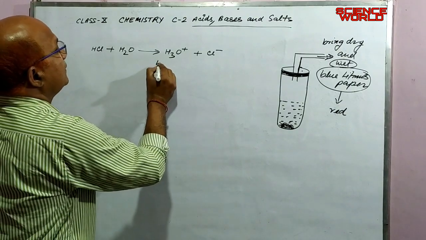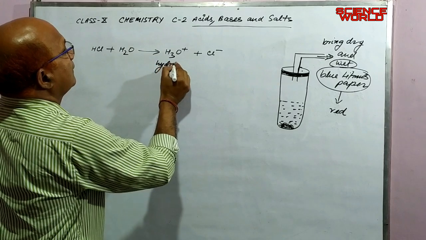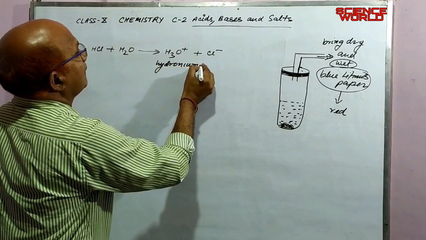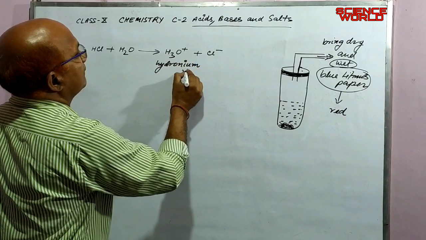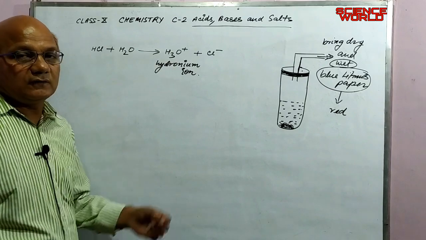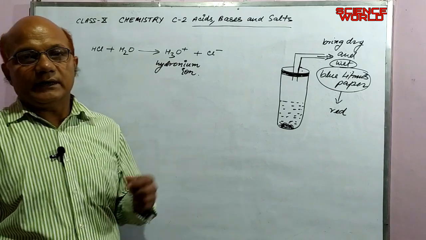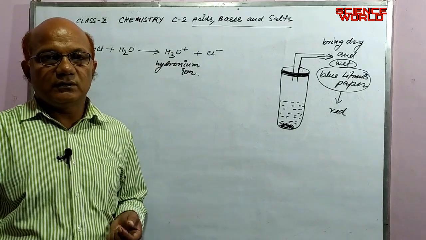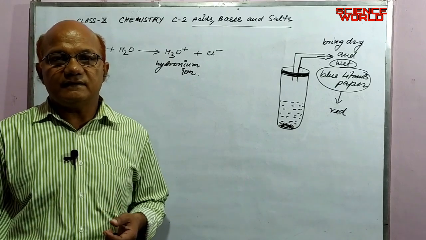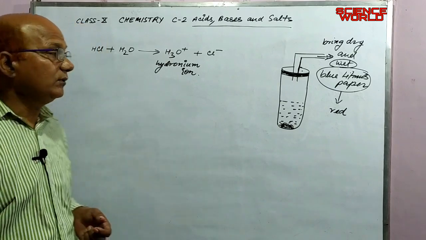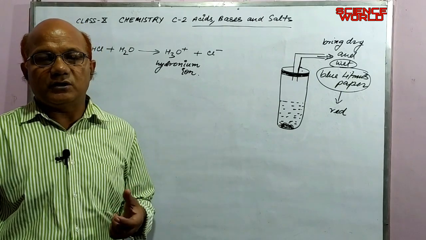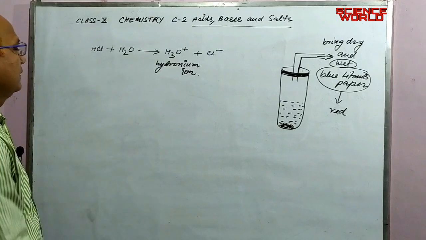This is hydronium ion, because when hydrogen ions are produced in acid, these ions can't exist independently.